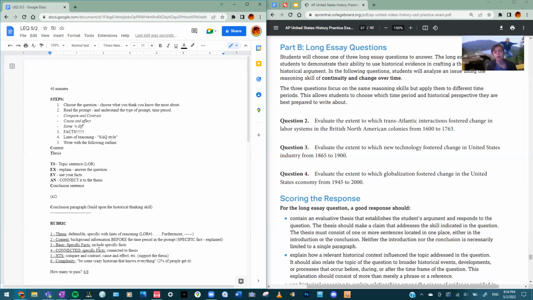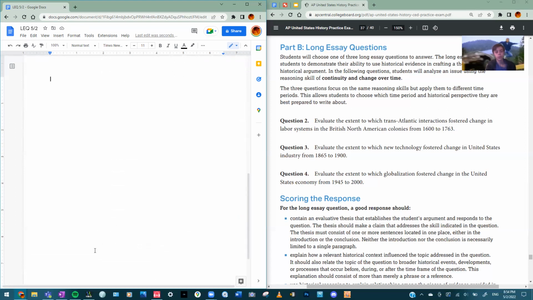Okay, so let's pretend I just got this. All right, I'm reading. Let's pretend that I am very strong in the 1945 to 2000 economic topics. So I'm reading these, I'm like, transatlantic interactions, I don't really know a lot about that.